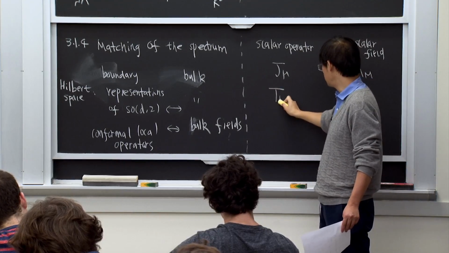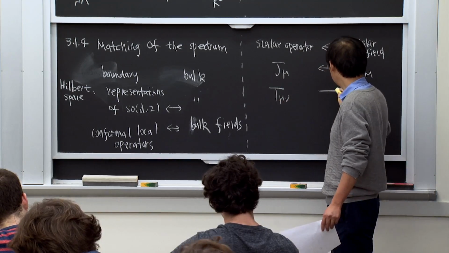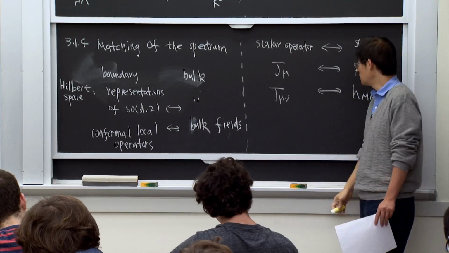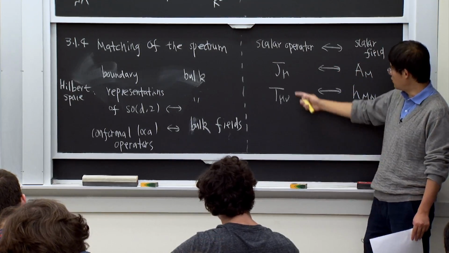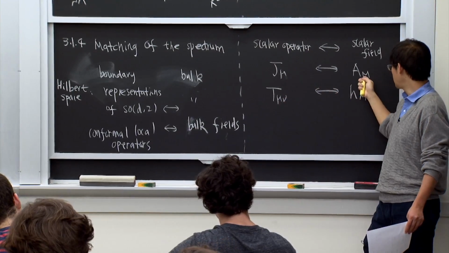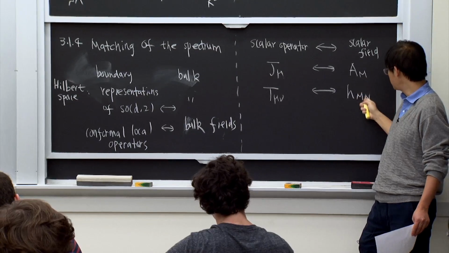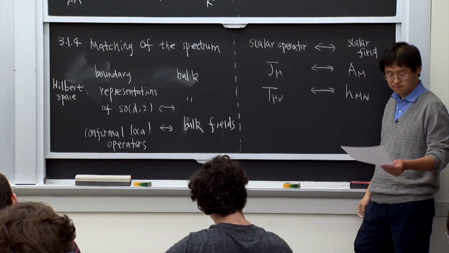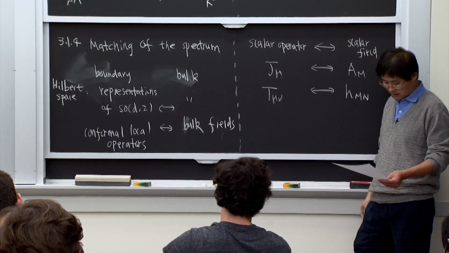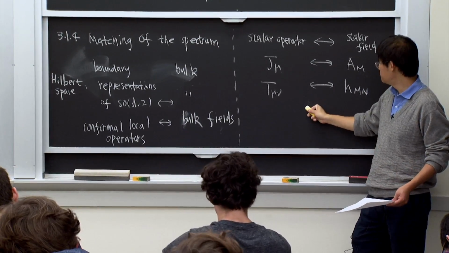And similarly, if you have some symmetric tensor, then this must also be related to some symmetric tensor. Okay? So now I will often use the notation that mu refers to the boundary indices, and capital M, capital N refers to the bulk indices, because they run over different dimensions. So then they're not quite the same.